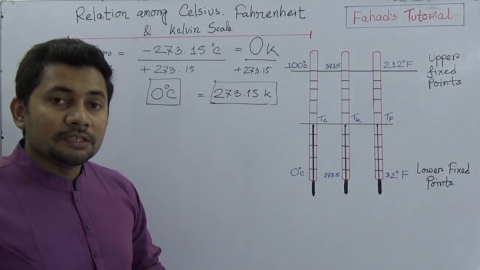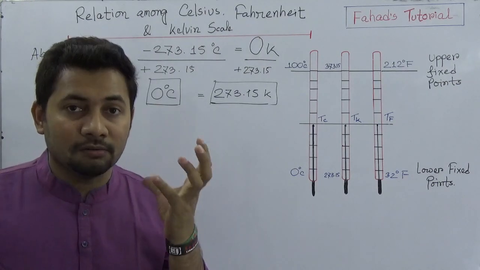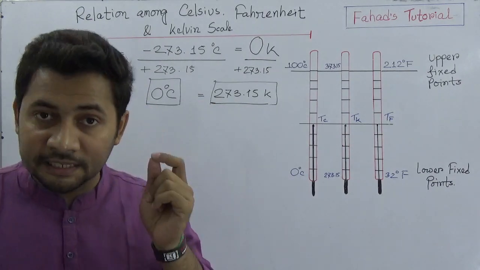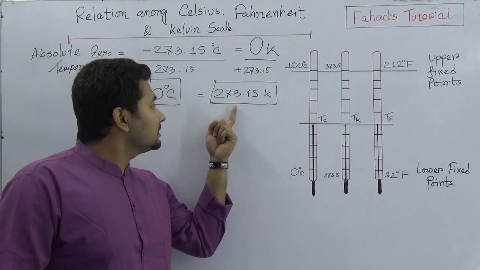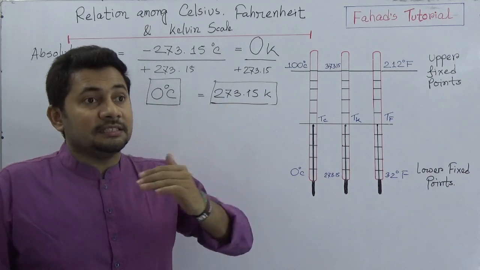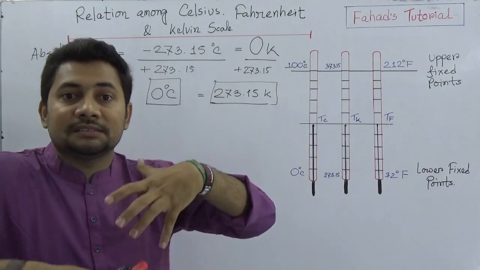So as we know, in case of Celsius and Kelvin, 0 degrees Celsius is equivalent to 273.15 Kelvin. When you hear about 0 degrees Celsius, what do we feel? It's very cold. When we hear about 273.15 Kelvin, it is the same temperature we are mentioning. Does the number 273.15 Kelvin mean it is bigger?